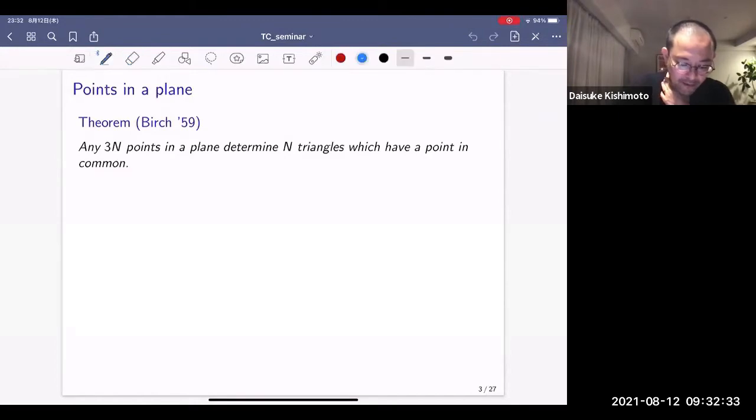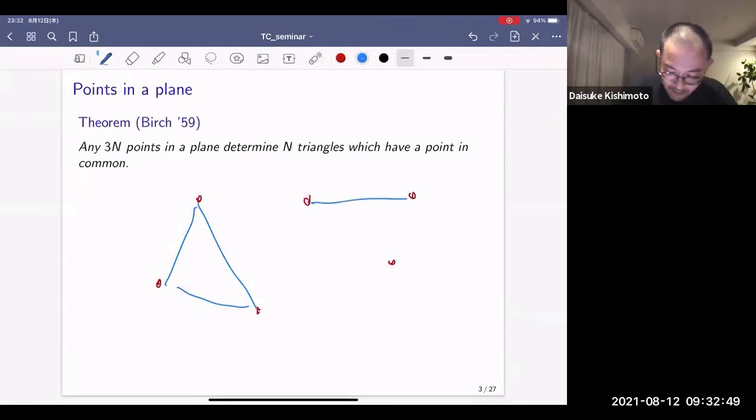For example, if you have 6 points like this, then of course you can make a triangle like this, but this is a bad choice of triangles because they don't have a point in common.